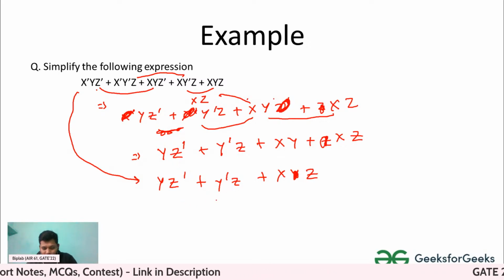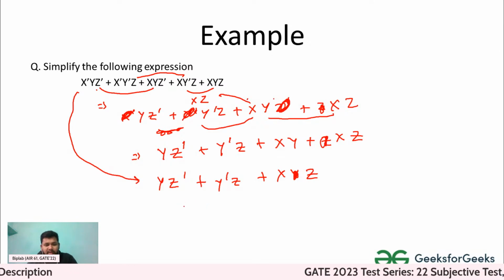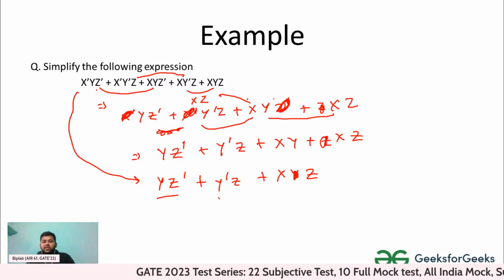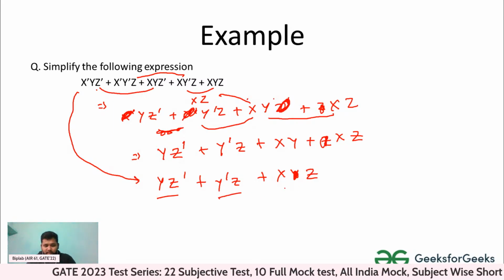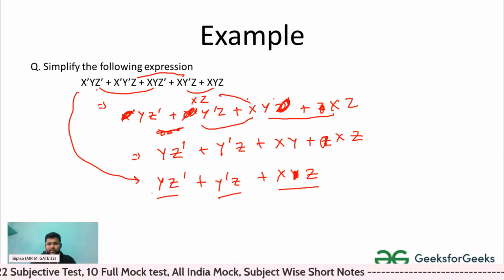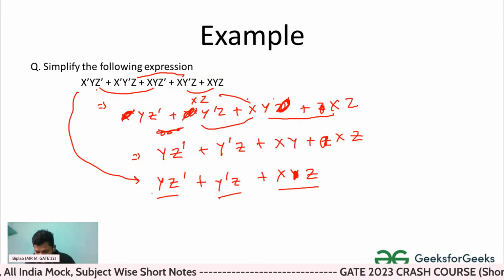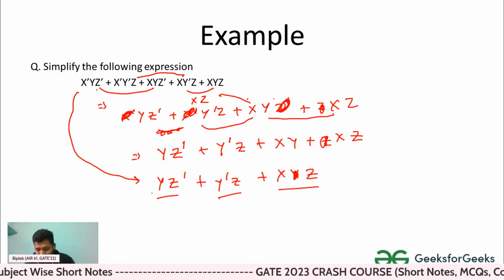You are saying xz plus y. Let us see. So you have yz bar, y bar z and xz. I think this is the simplest one. This is what I have, the simplest one.